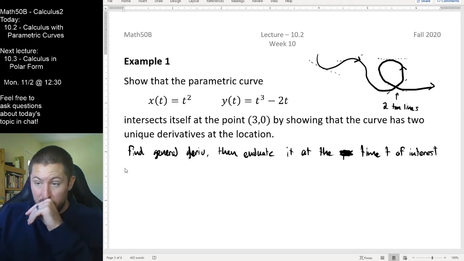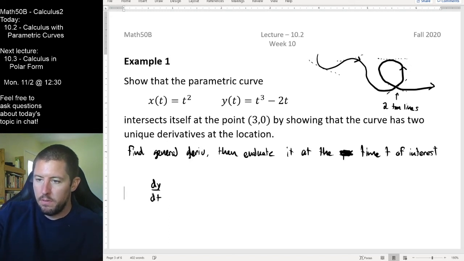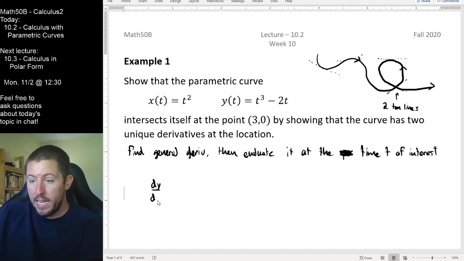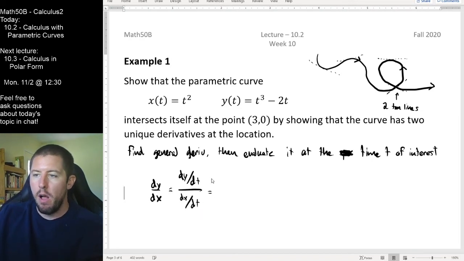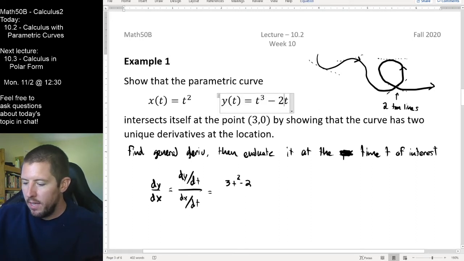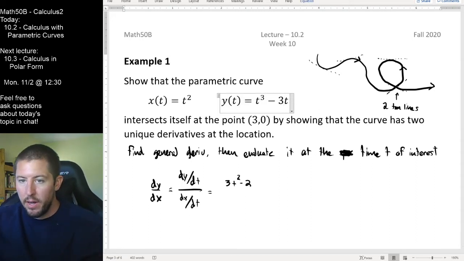If we wanted to find dy/dx in this case, the slope of the curve at any given point, that should be dy/dt over dx/dt. And those are pretty easy because these are polynomial parts. The derivative of y with respect to t is 3t squared minus 2. Oh my gosh, that's why I copied it wrong right there. There we go.